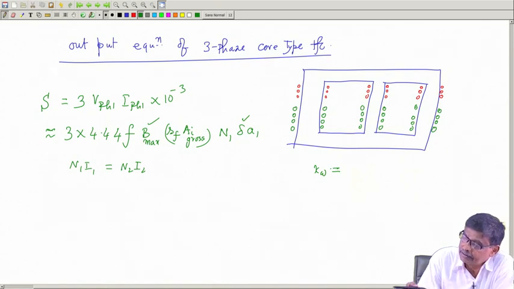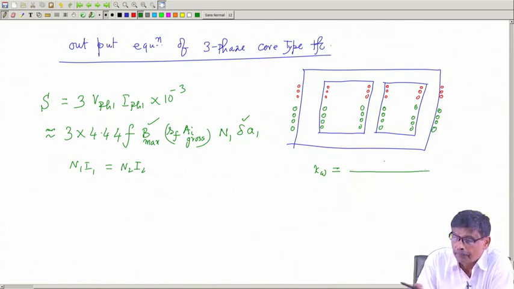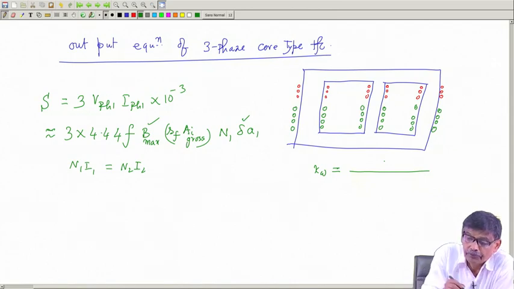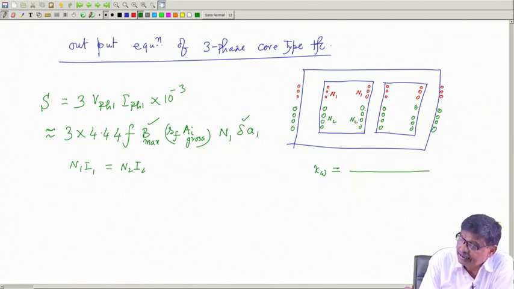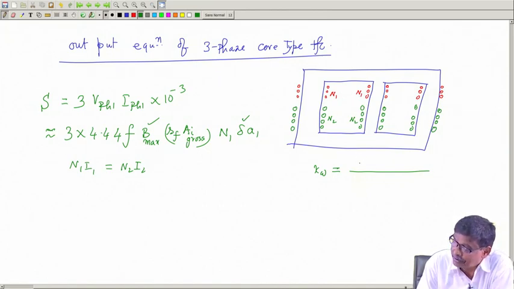Window space factor is, go to any window, area covered by copper. So, suppose I say that it has got N 1 turns and this has got N 2 turns secondary. So, obviously, you can see there are two sections. So, it will be what?